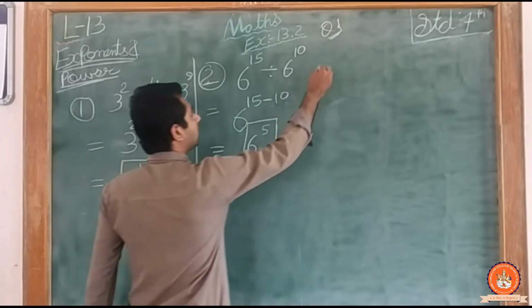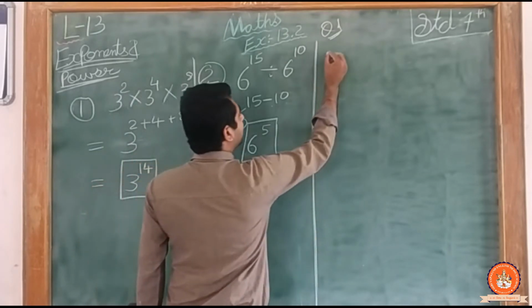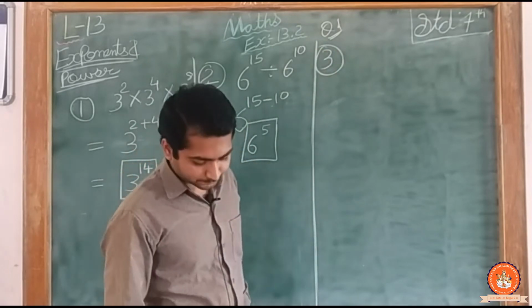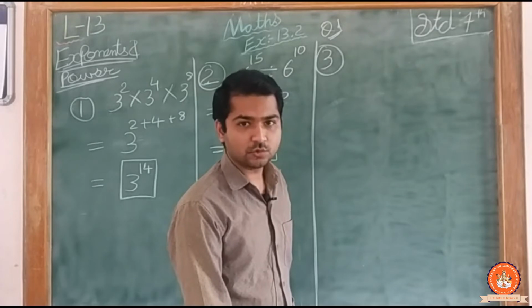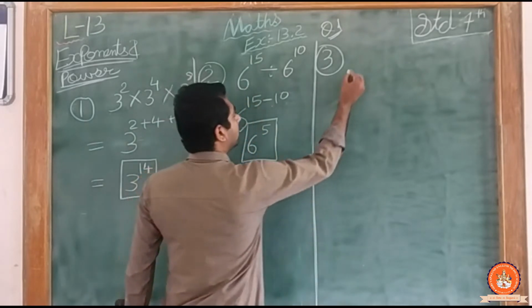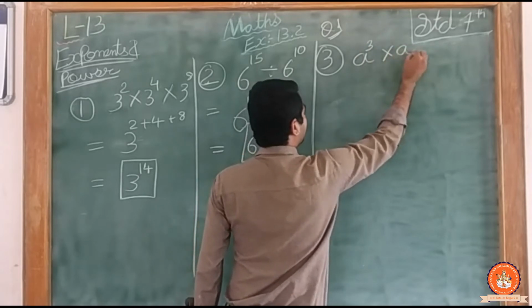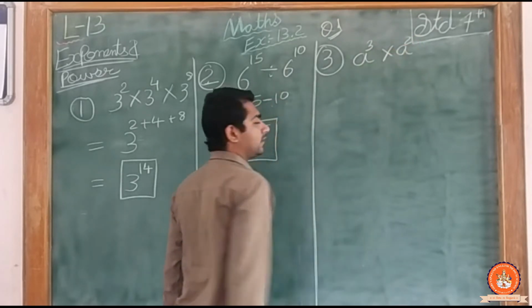Clear, students? Now coming to question number 3. It is a raised to 3 multiplied by a raised to 2.